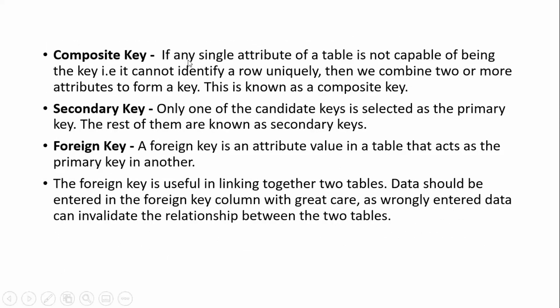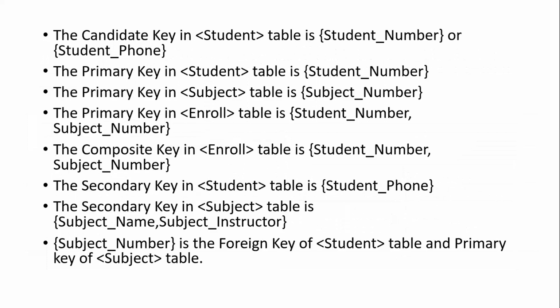We have already discussed the composite key: if a single attribute is not sufficient to identify a row, then we can use a set of attributes, a combination of two or more attributes. This is an example of a composite key because we are using two attributes together to identify a row in a table.